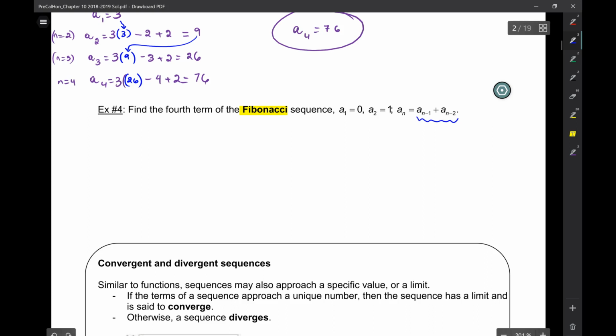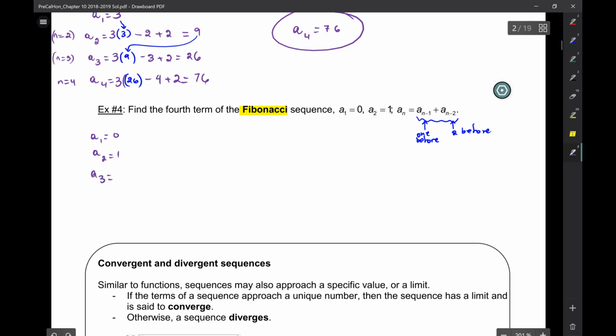So if I have a sub n, which one is a sub n minus 1? The one before. Which one is a sub n minus 2? Right, 2 before. Okay? So look at how it works. Okay, so a1 is 0. a2 is 1.